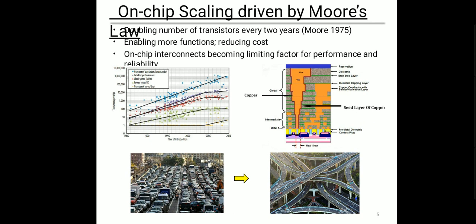Many technologies have been introduced, and there are a number of electric cars and electric driven bikes. Lots of technologies are increasing, and there are more transistors increasing year by year, just as traffic is increasing year by year. To overcome this, there are many processes, as we see from the right images.